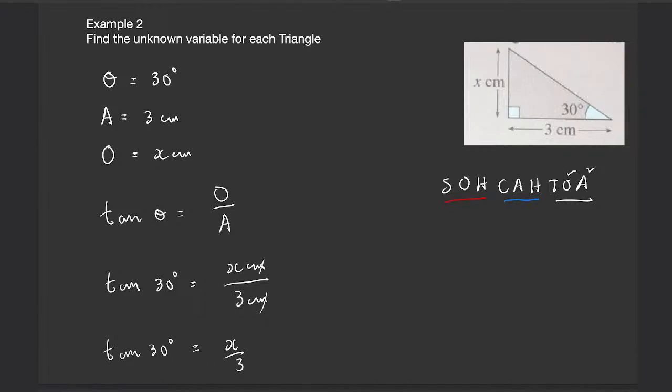So I have 3 times tan 30 degrees is equal to x. I can rewrite this equation as x is equal to 3 times tan 30 degrees, right? X is equal to, now this is at the point where you jump into your calculator, your nice scientific calculator.